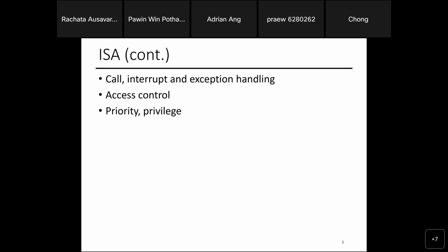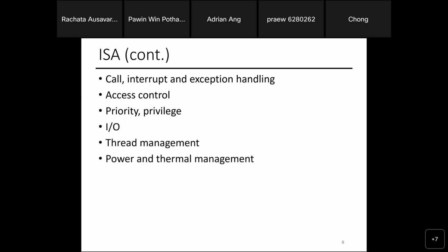How would they run the computer, right? How to handle I/O, how to handle threads, what has to be done when you want to do context switching from one thread to another. Power and thermal management. If you want to look into mobile computing, for example, this can be important, right? How can I save power?